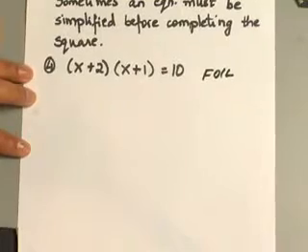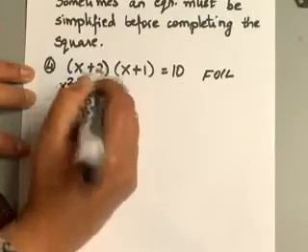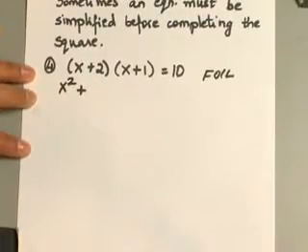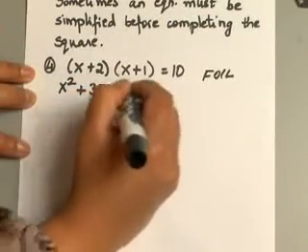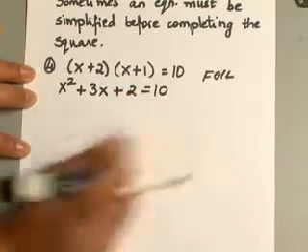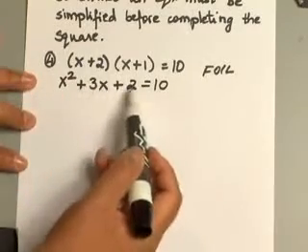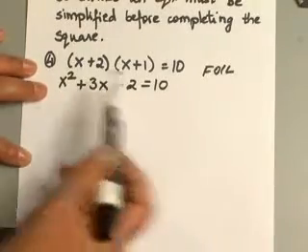So the first thing we want to do is go ahead and FOIL this, okay, and that will give us x squared plus 3x plus 2 equals 10.